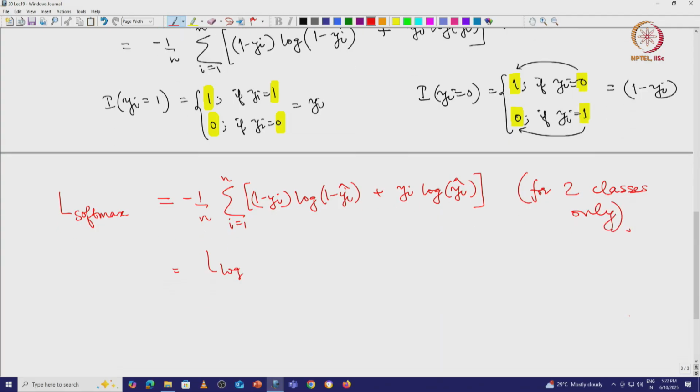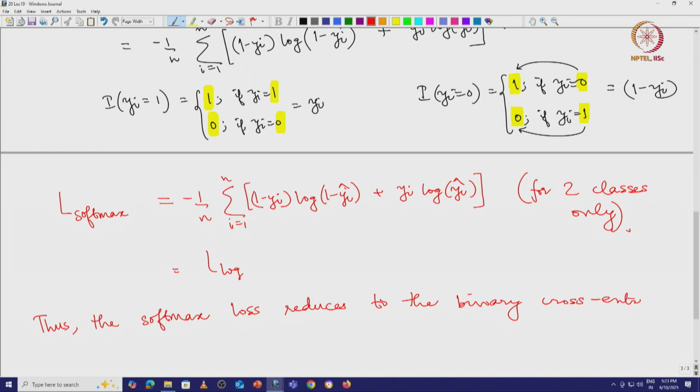So therefore we have shown that the softmax loss reduces to the binary cross entropy loss, or the log loss, for a binary classification problem.